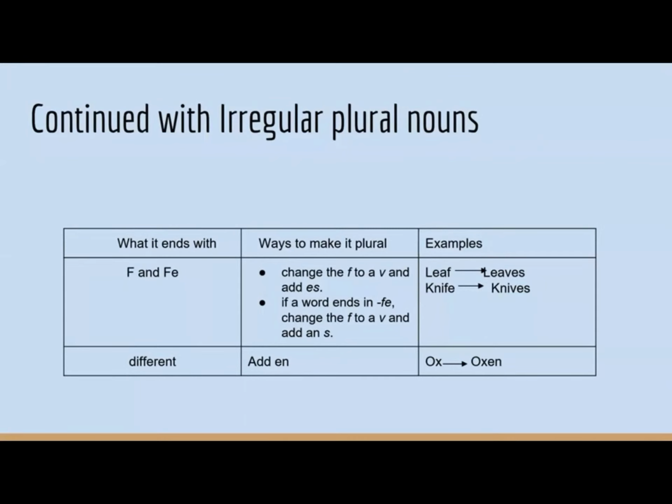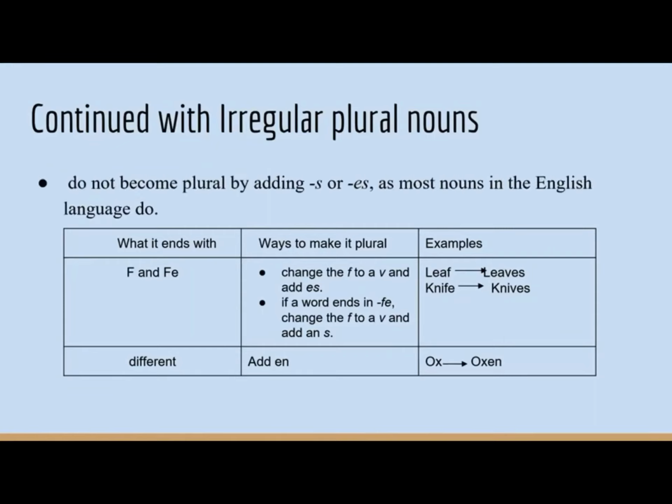So now we're continuing with irregular plural nouns, the other plural noun. These nouns do not become plural by adding an S or ES, as most nouns in the English language do. These are a bit irregular. That's why it's named irregular. These 2 are the most common irregular plural nouns.